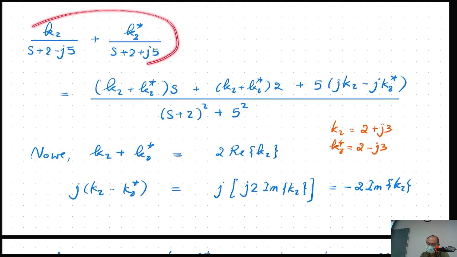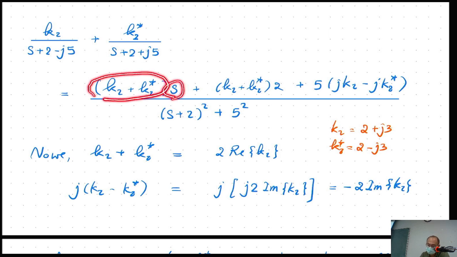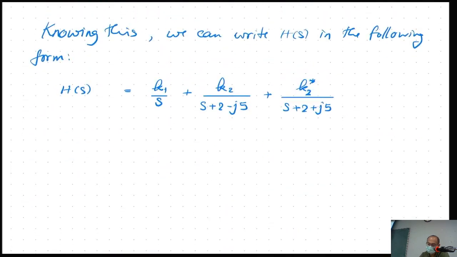If we add these two last terms here, the result would have the numerator being a real number times s plus another real number. So I could write these two last terms as as plus b, where a and b are real numbers, divided by s plus 2 squared plus 5 squared.